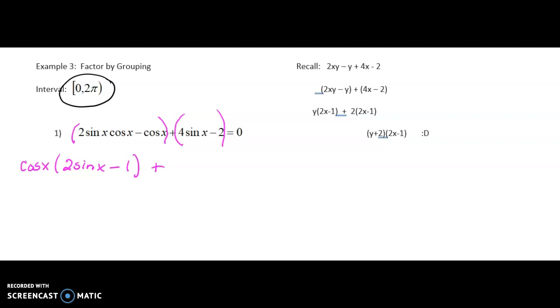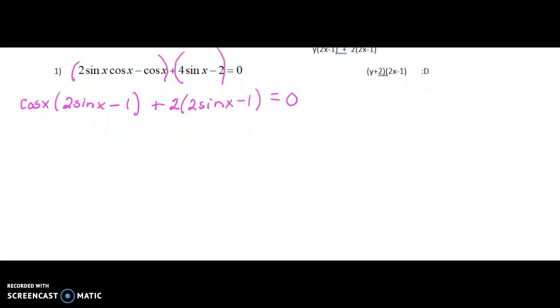Factor a GCF out of the back 2, which is 2, and we'd have 2 sine x minus 1 equals 0. So now we're going to bring our two GCFs together. So we have cosine x plus 2 times the common binomial, 2 sine x minus 1, equals 0.